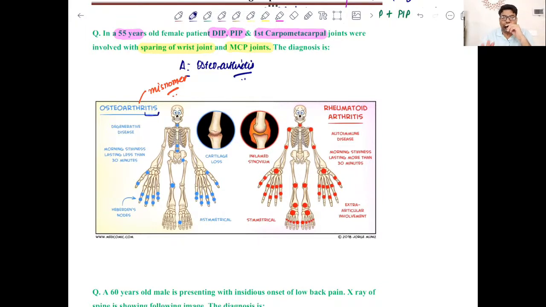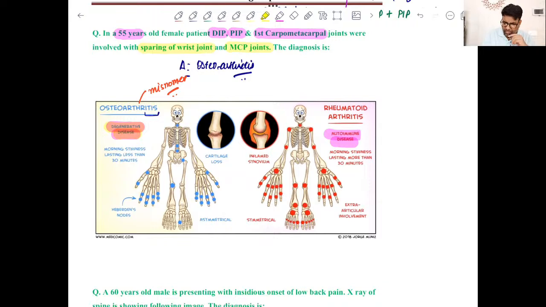It is only the degeneration of the hyaline articular cartilage, and we usually call it the normal wear and tear with age, especially in primary osteoarthritis, right? So this is a degenerative disease and not an inflammatory condition like what we see in a patient of rheumatoid arthritis. So rheumatoid arthritis is an inflammatory autoimmune condition, and osteoarthritis is a degenerative condition, that is the wear and tear of the hyaline cartilage. Number one.